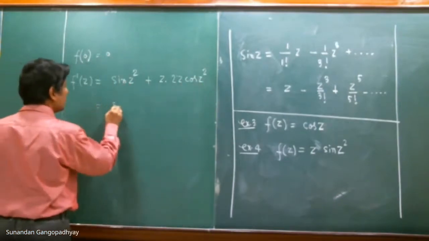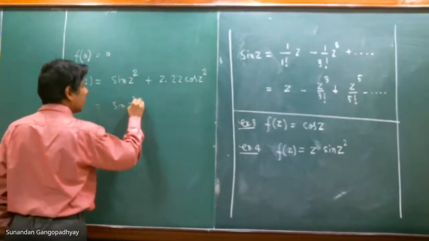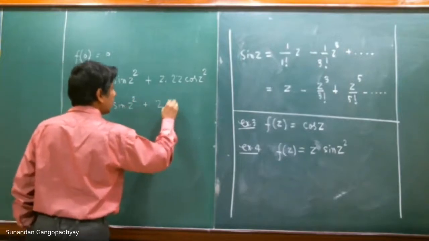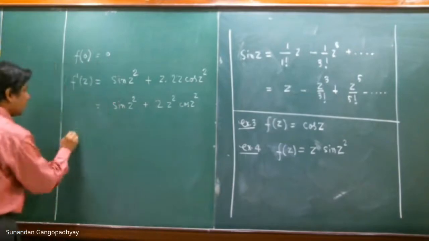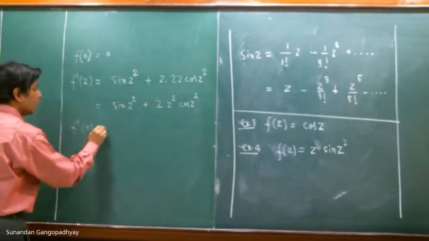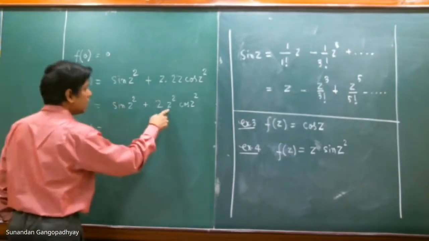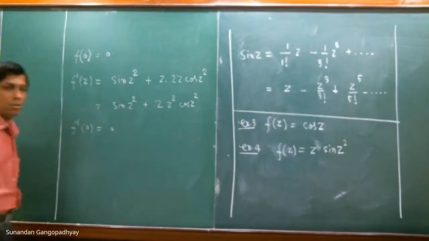That is basically sine z square plus 2z square cosine of z square. What is f prime 0? Then this is 0, this is 0. So f prime 0 is also 0.